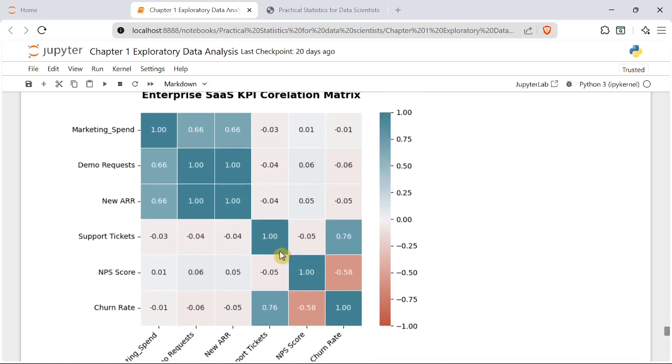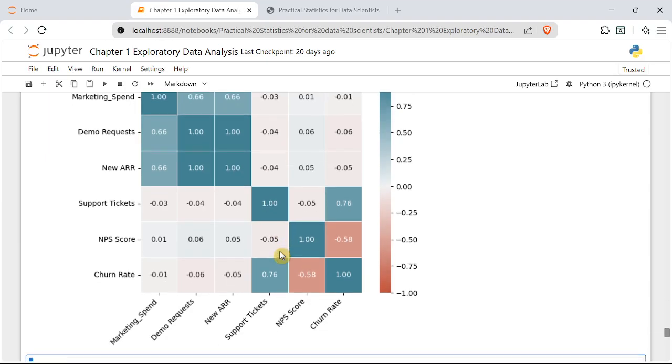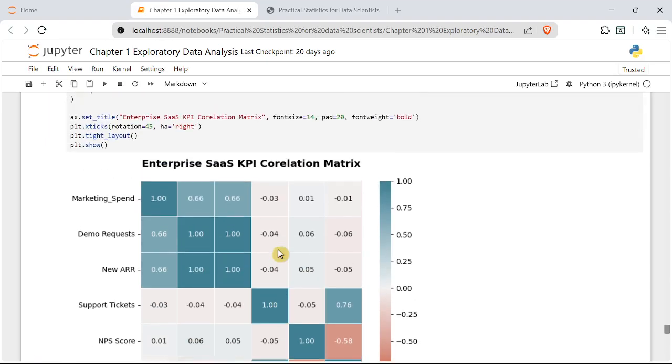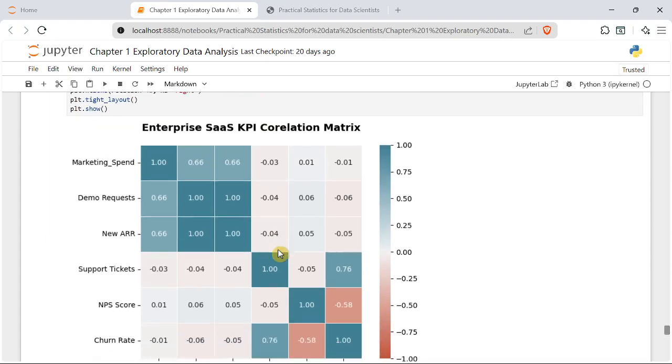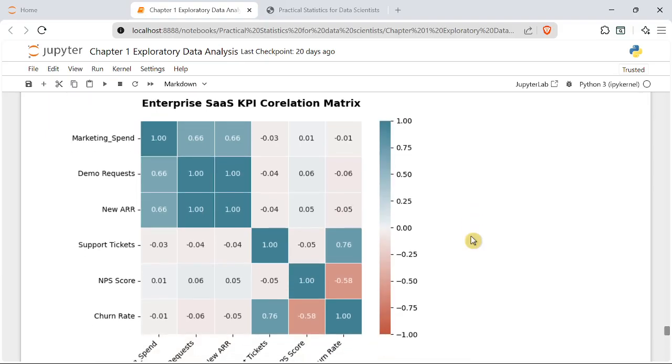When we calculate the Pearson correlation matrix and visualize it as a heat map, we are directly mapping out the mathematical relationships between core business drivers.